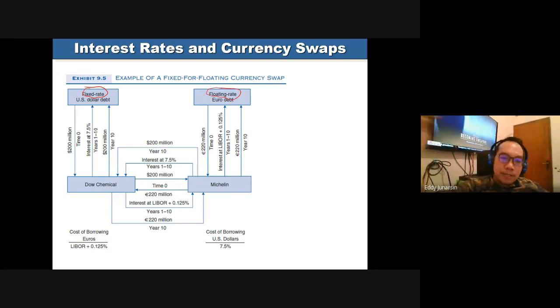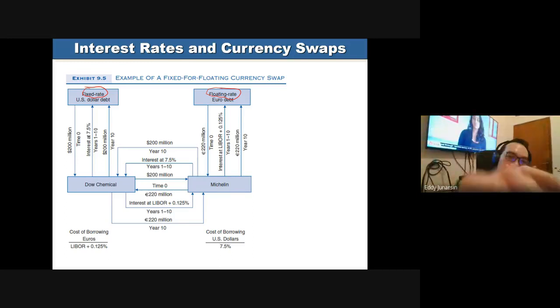Okay, so similar example, but now Dow prefers to borrow a fixed rate debt in the United States. And on the other hand, Michelin prefers to borrow a floating rate debt in euro, and then they exchange their obligations, right?